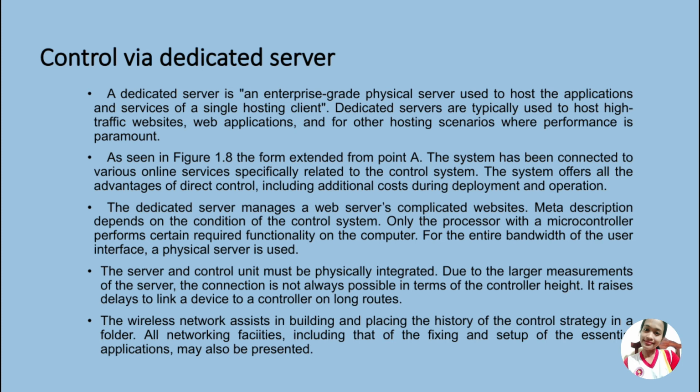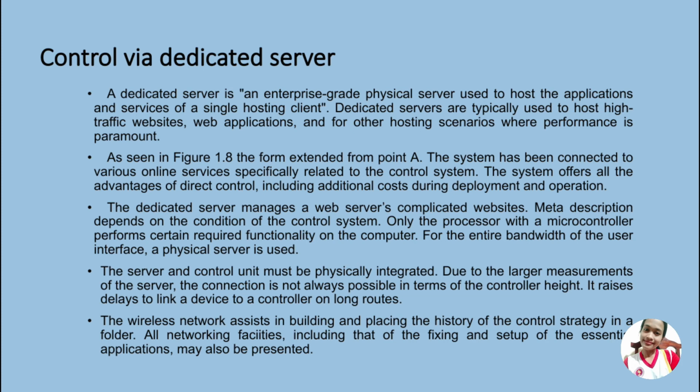For the entire bandwidth of the user interface, a physical server is used. The server and control unit must be physically integrated. Due to the larger measurements of the server, the connection is not always possible in terms of the controller height.